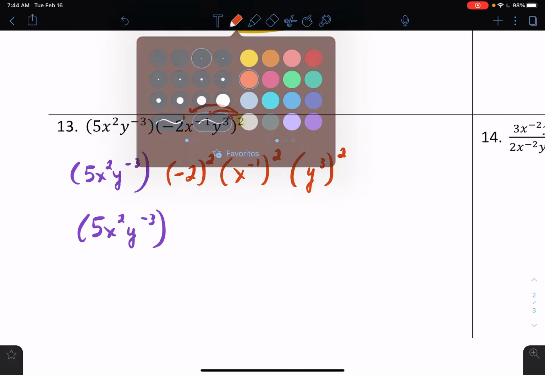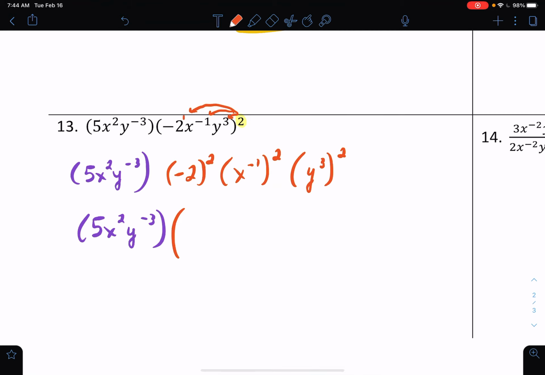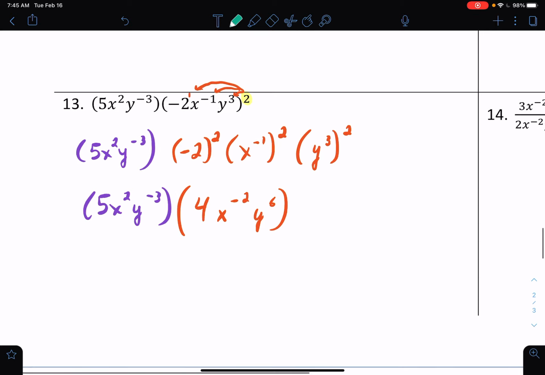But all of this orange stuff is going to simplify to give me negative 2 squared in parentheses, which is 4. x to the negative 1st squared is x to the negative 2nd. y to the 3rd squared is y to the 6th.